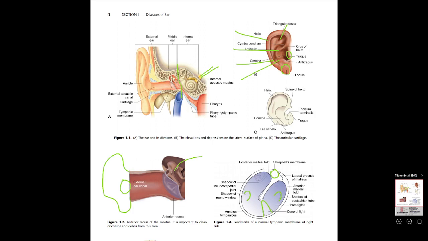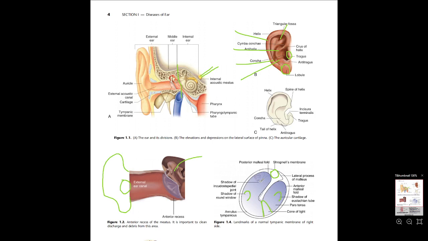Tense means stretched. Shrapnell's, pars flaccida, means flaccid. This is the shadow of the incudostapedial joint, the joint between the incus and the stapes.